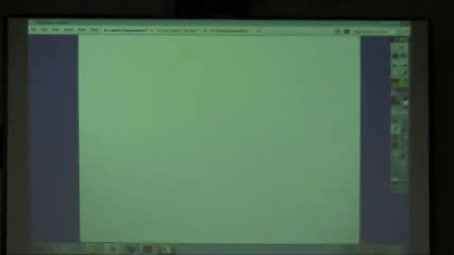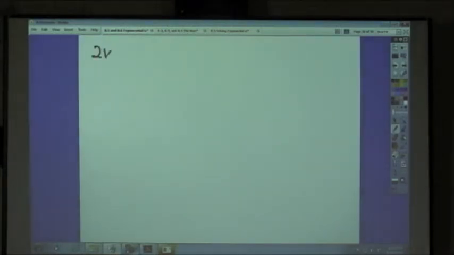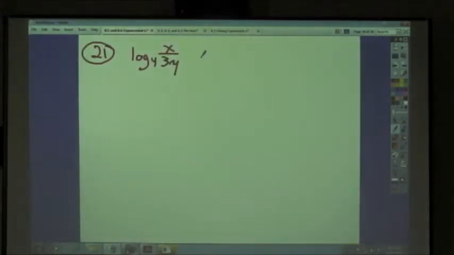Next one would be ones like we had where we were expanding just using those properties. Number 21 is one that some people have trouble with, log base 4 of x over 3y. On this guy right here, you are going to take the log base 4 of x minus the log base 4 of 3y, because this is division.